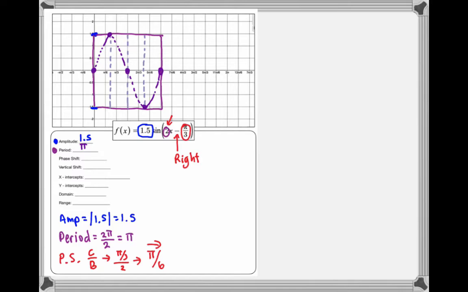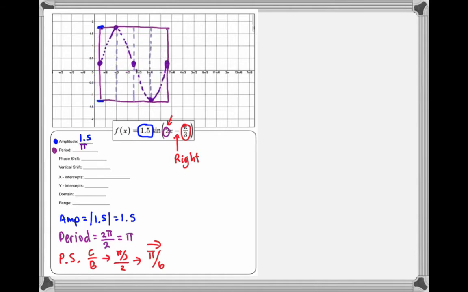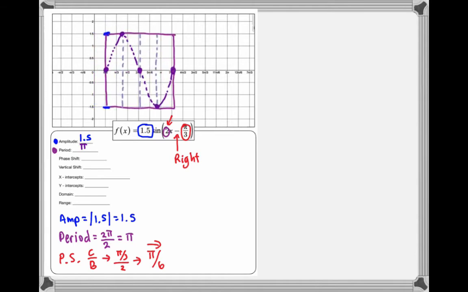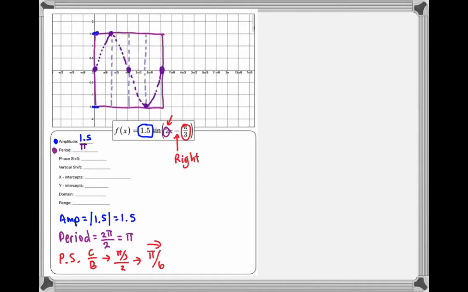I know that you can't do this at home, but you can look and see that this entire thing is going to be moving pi over 6 to the right and then continue with that particular pattern. I'm going to do it out longhand here. So pi over 6 means all of these points are going to go here, and you can see that this distance right here is 1 grid mark.